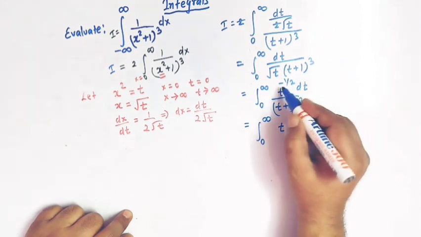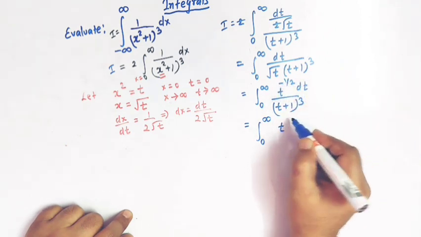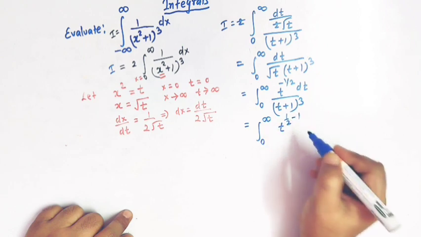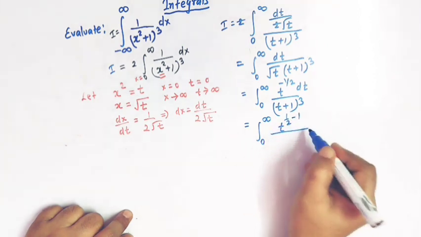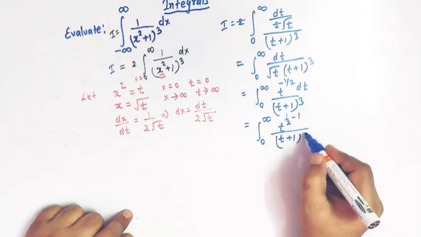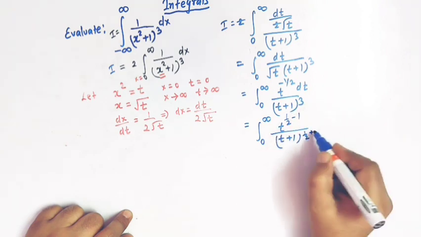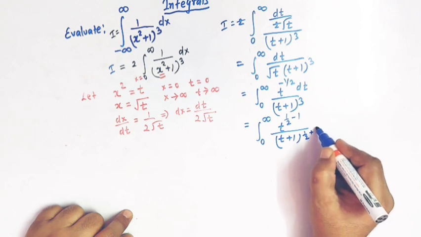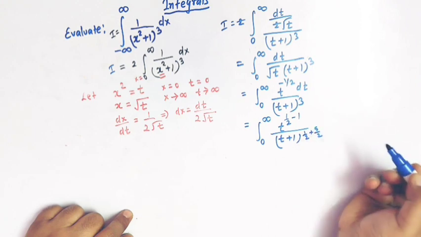right? So we can write minus half as half minus 1, right? And (t plus 1) cube can be written as (t plus 1) raised to half plus 5 over 2, right?